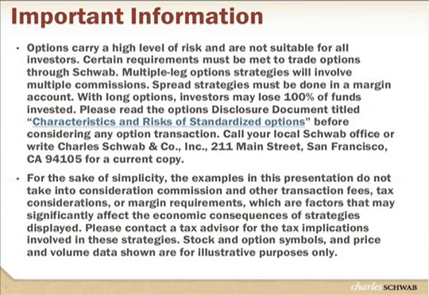Now, any of the examples that I talk about today, and I will be talking about several, I'm going to leave out margin requirements. I might mention them, but they're not included in the calculations. I'm also going to leave out commission charges. Of course, you know commission charges are involved, and they will cause all of your gains to be a little bit smaller and all of your losses to be a little bit larger. But we're going to ignore transaction costs, margin, taxes, all this kind of stuff so we can make the examples a little bit easier to understand.